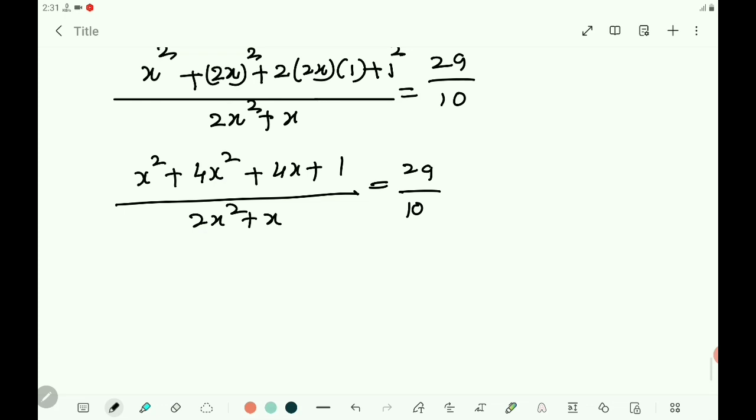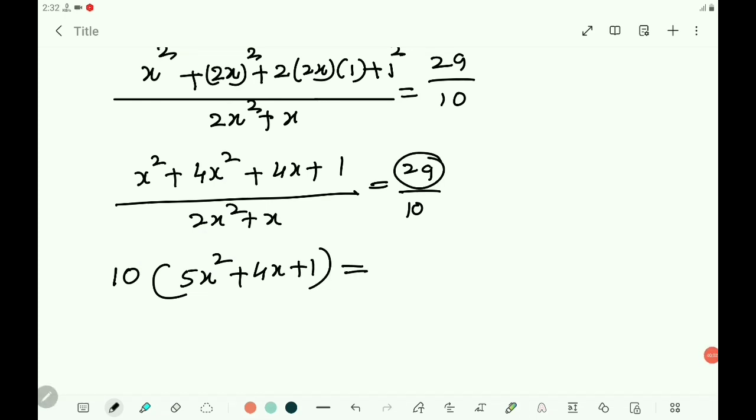Now you do the cross multiplication. You write 10 into x square plus 4x square, which is 5x square, plus 4x plus 1, equals 29 into 2x square plus x.